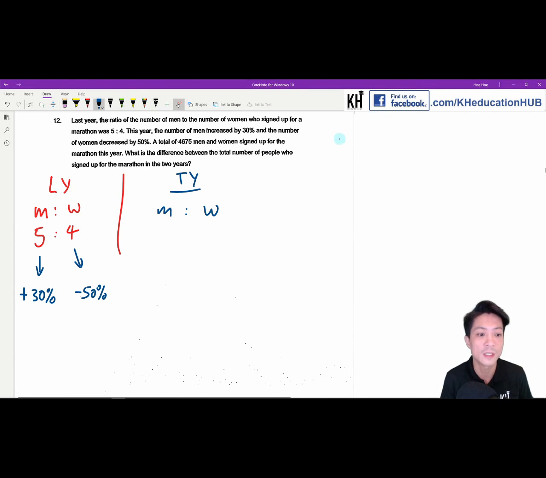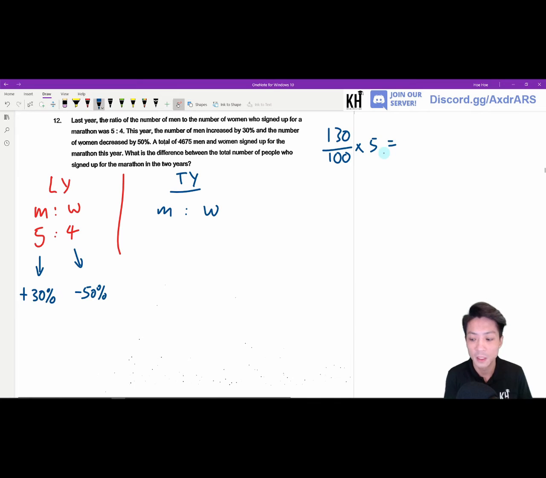Okay, we're gonna treat this as 5 units, so it will be 130 over 100 times 5. Okay, it's gonna be 6.5 units. Okay, so which means that for the men it increased to 6.5 units. Okay, for the women, the number of women decreased by 50%, right? So it's pretty straightforward. You know that there's 2 units left.